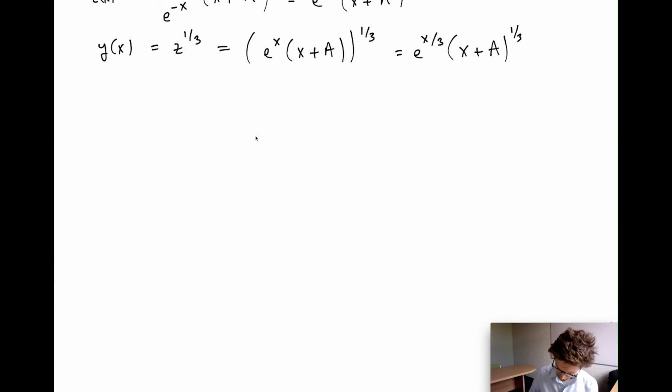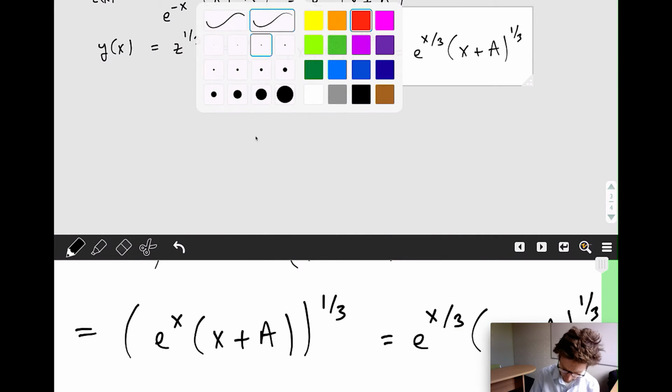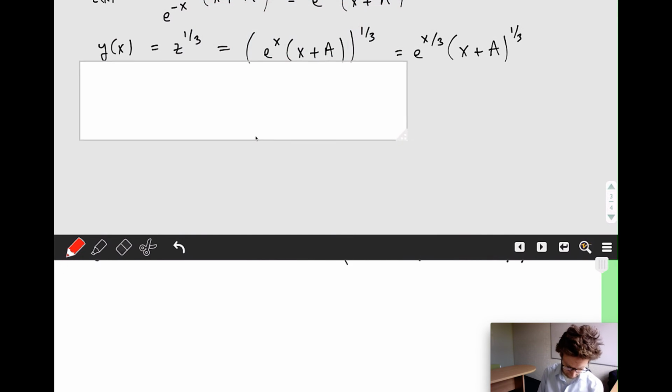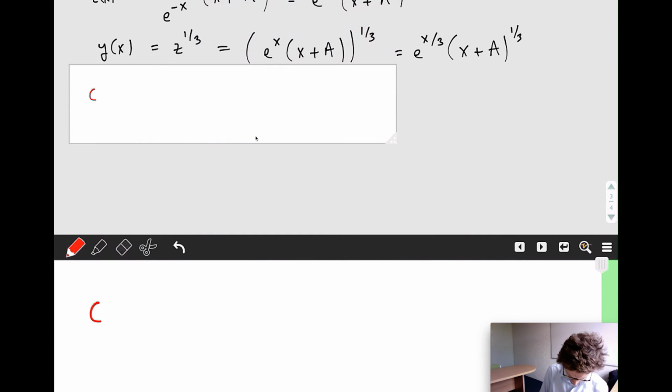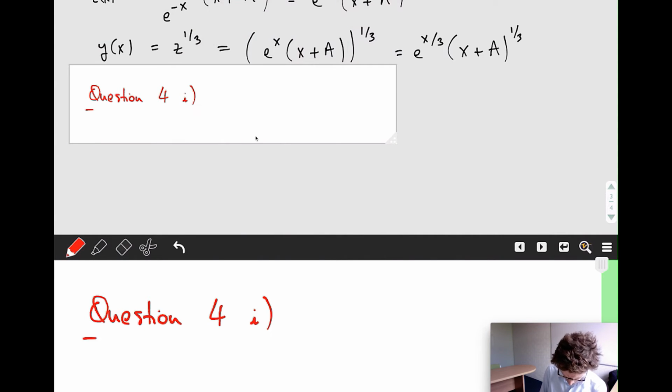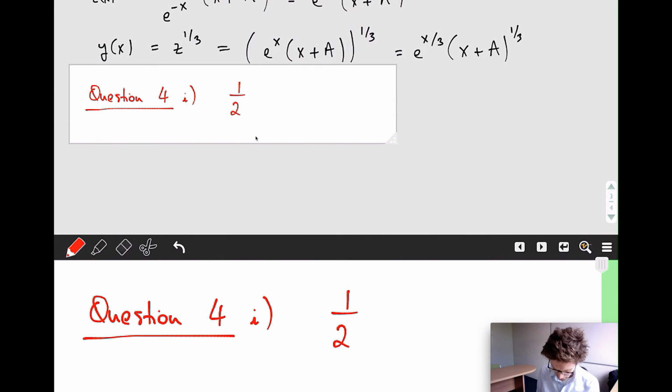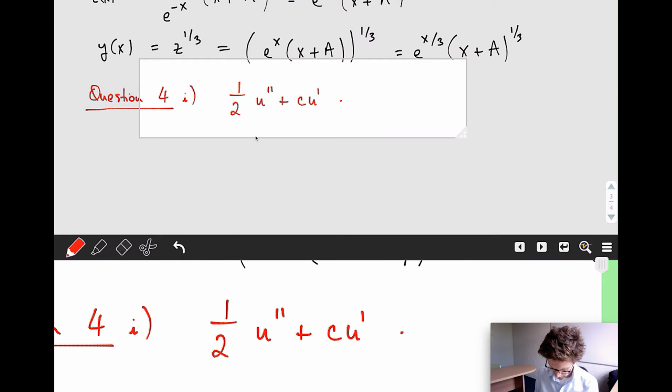Okay, so we're looking here at question 4, part 1. And let's put down the relevant information. We've got 1/2 u double prime plus c u prime plus 1/2 u equal to 0.